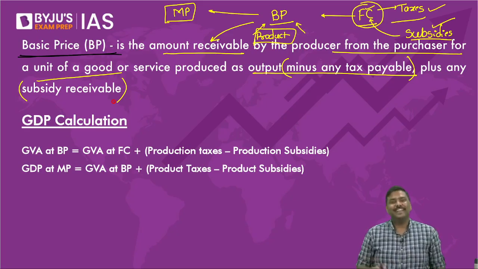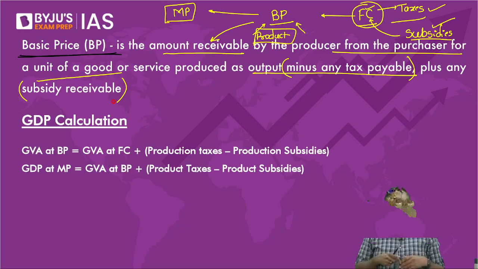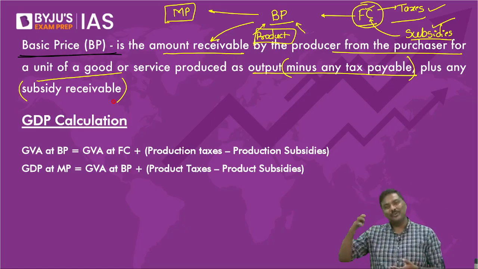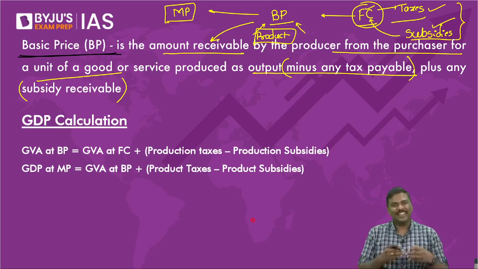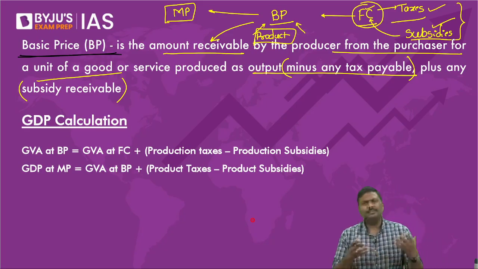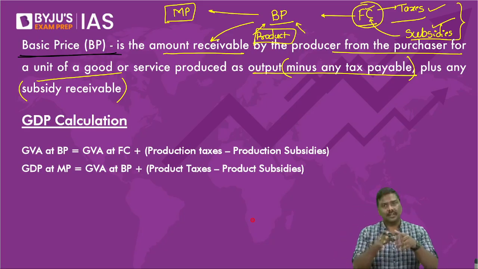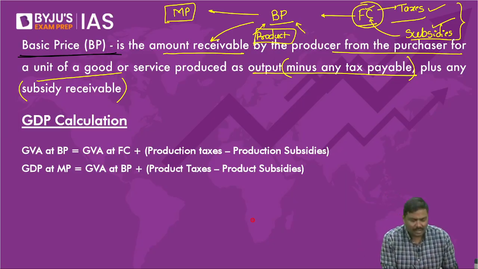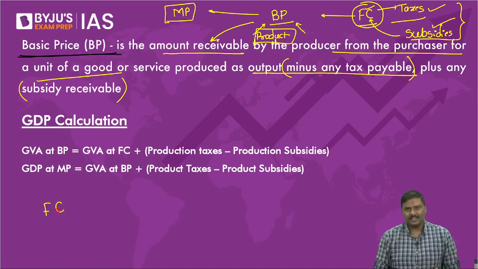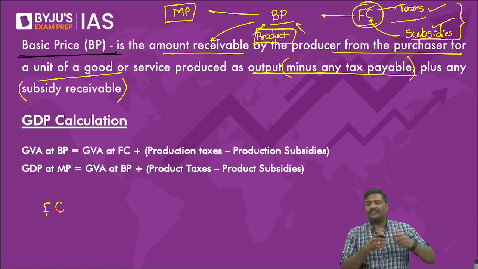My dear, if you're using factor cost and from the factor cost you're moving to the basic prices, adjusting both of these, don't you think there is a difference between both of them? When you take factor cost, you do not account for production taxes and production subsidies. It should not need to be told in this class now, because this is the third class that we are using factor cost.